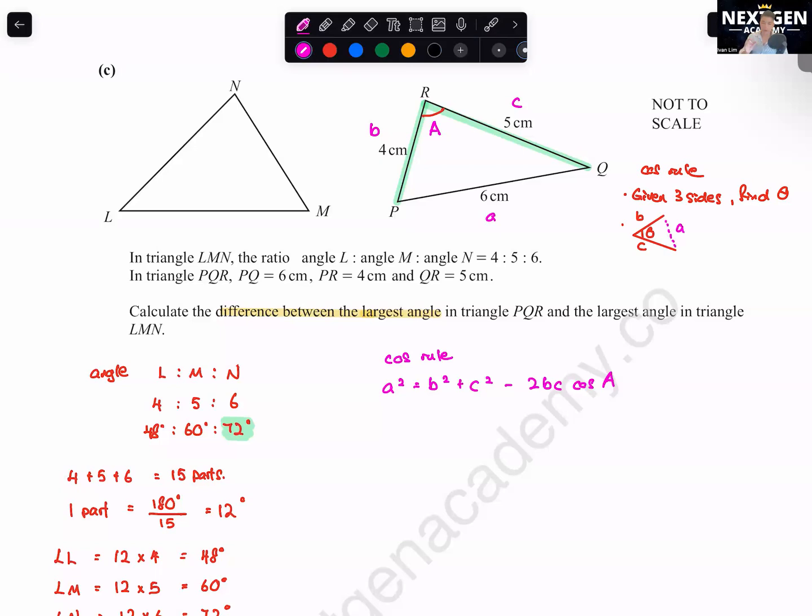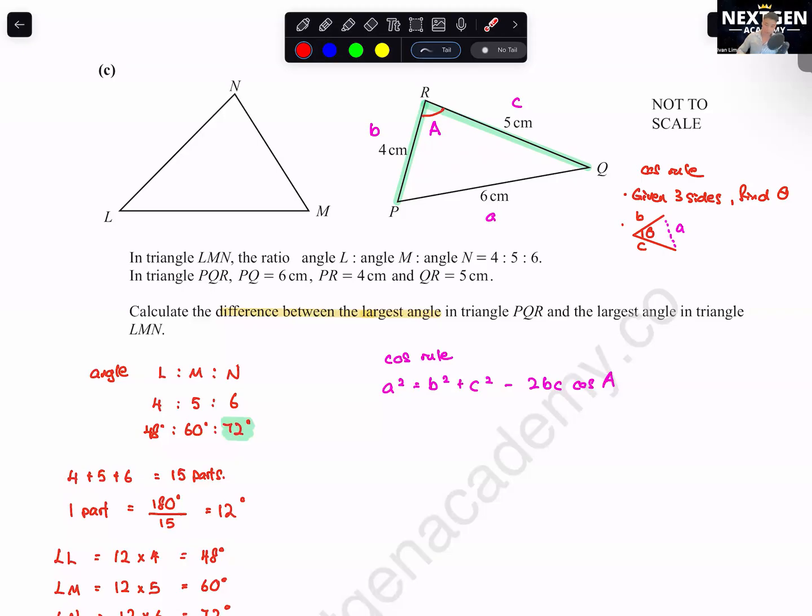You need to remember the condition based on the information given to you. You try sine rule and see whether there is enough information or not. You don't have any of the angles, so you're missing 2 angles already. You need at least 1 angle to do sine rule.